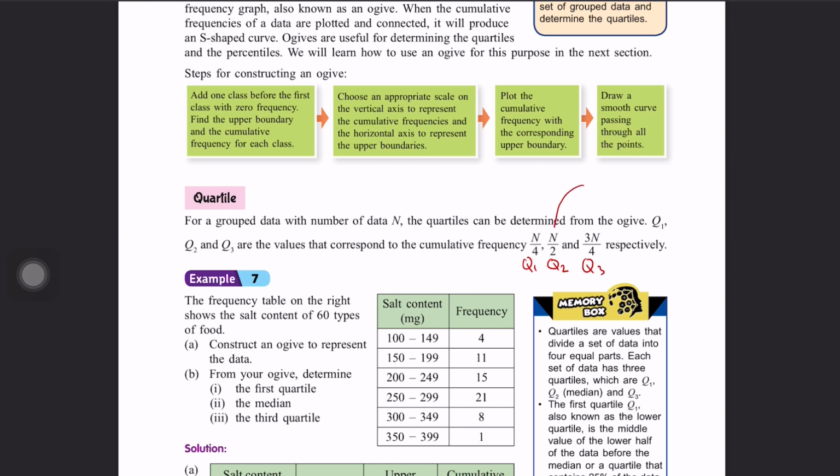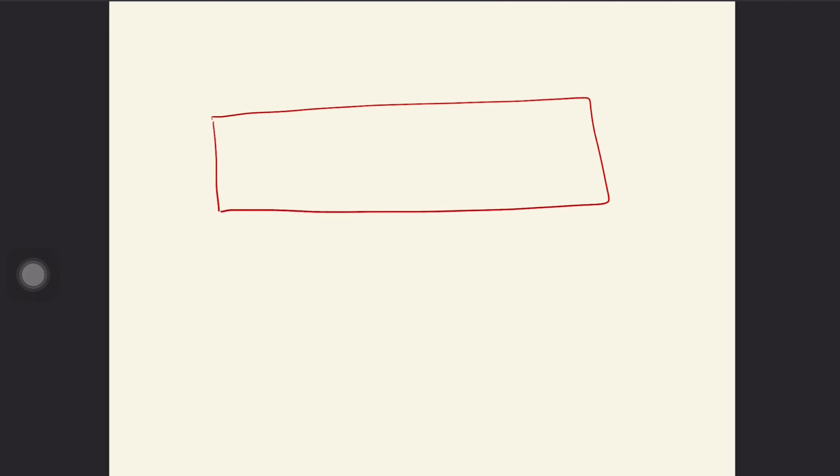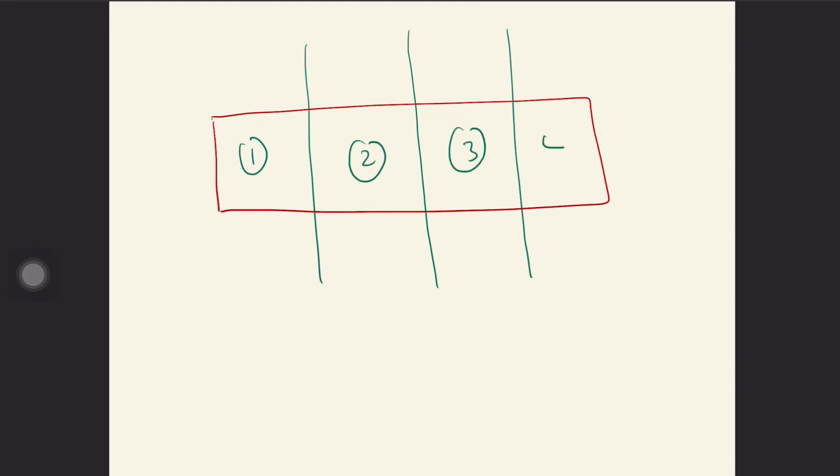And usually second quartile ni kita panggil dia median. Tahu kan apa maksud quartile? Quartile sebenarnya data tu kita bahagi 4. For example, we have one set of data, we divide our data into 4 areas. So kita ada area 1, area 2, area 3, area 4.